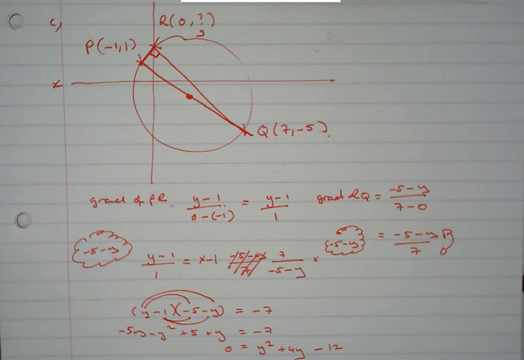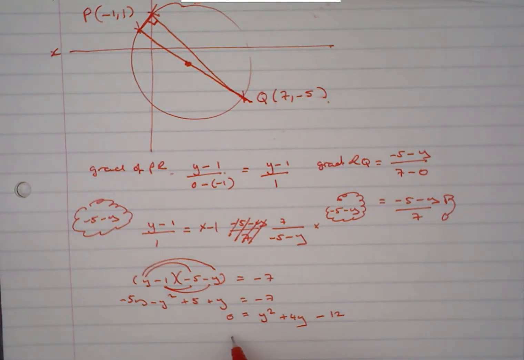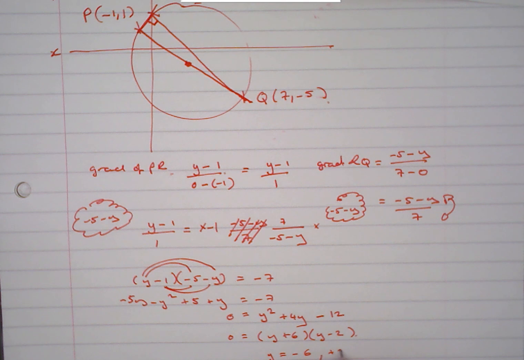Now at that point you could use the solver calculator, but it does factorize quite nicely, because you're going to get y plus 6, y minus 2. Here you can see you get y squared, minus 12 at the back, plus 6y minus 2y. Yes, that works. So y, according to this quadratic, equals minus 6 or 2.